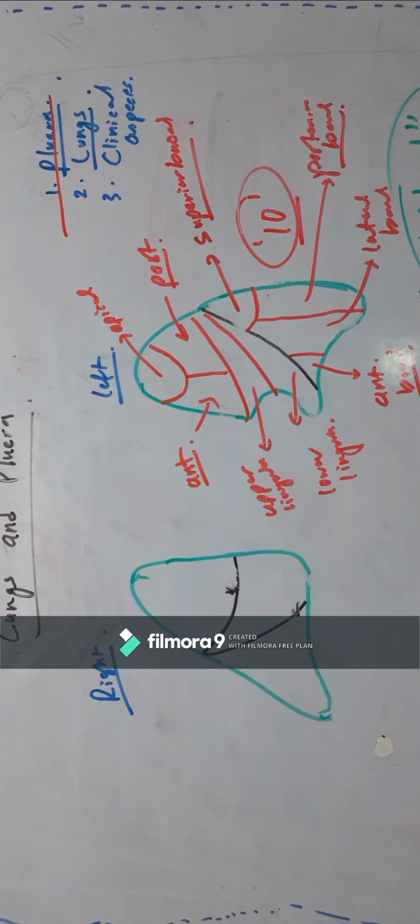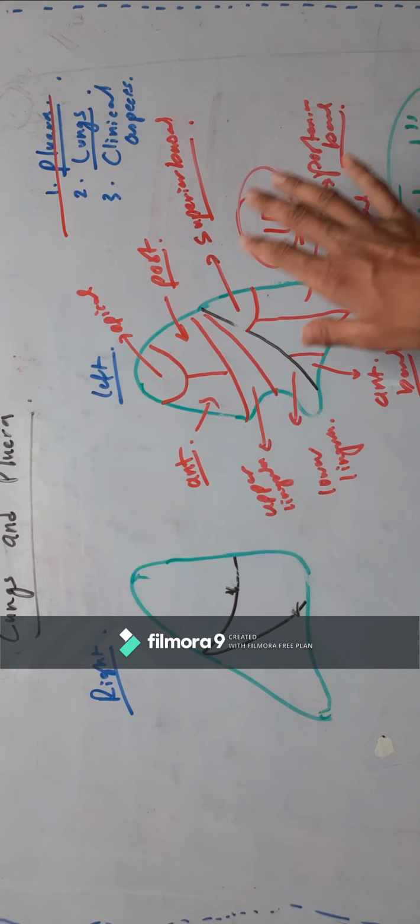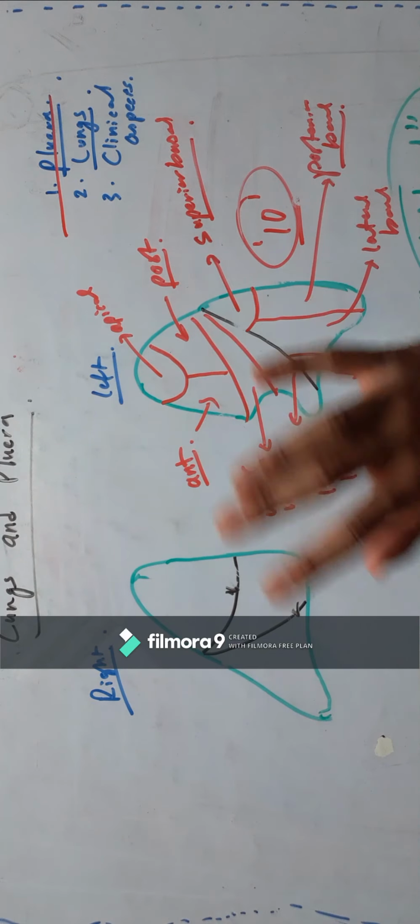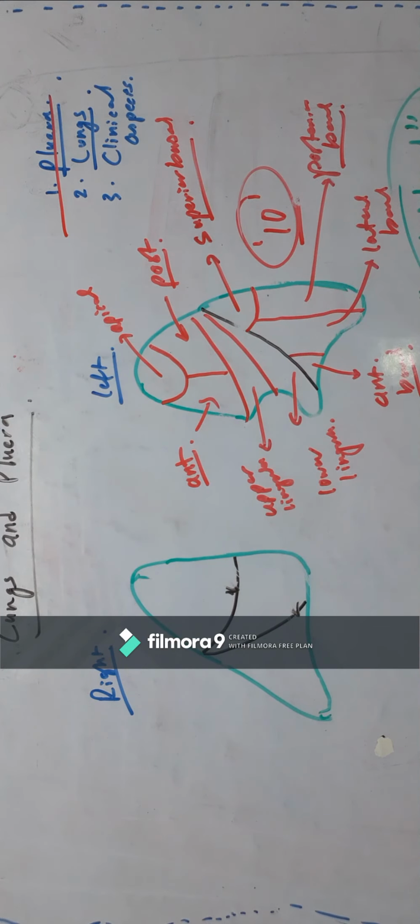Including this one, these are the 10 bronchopulmonary segments of the left lung. So this is very, very important. In every exam you have to draw these segments.